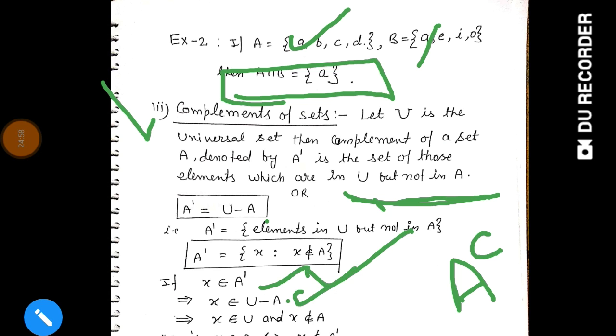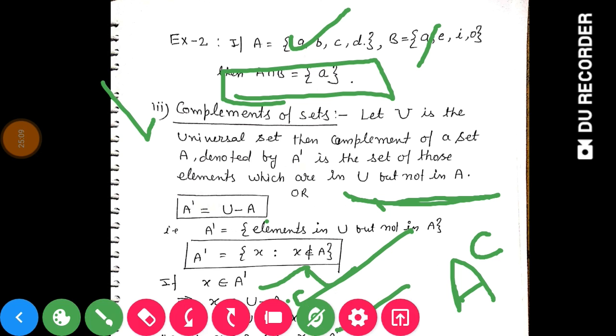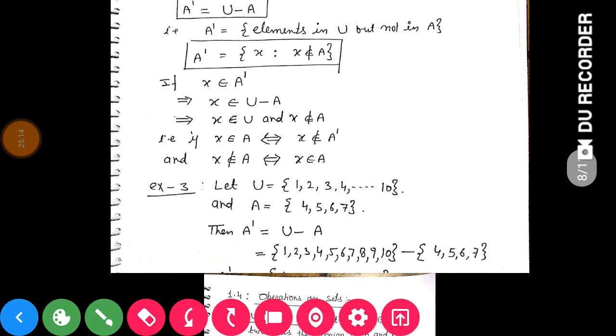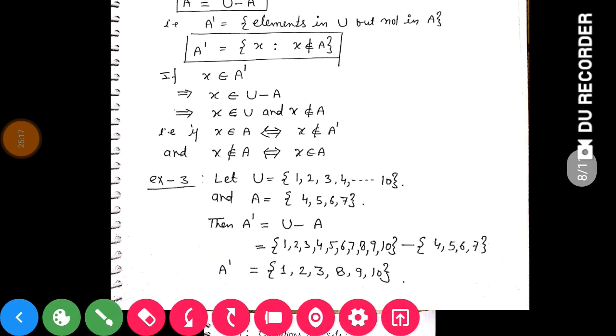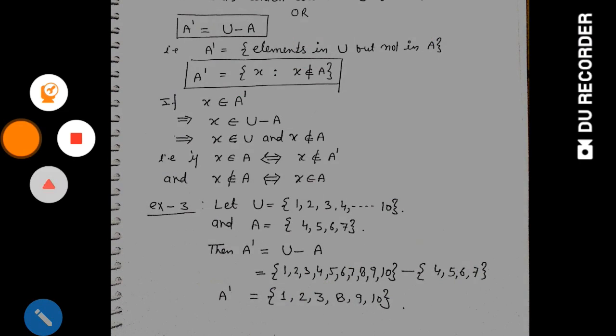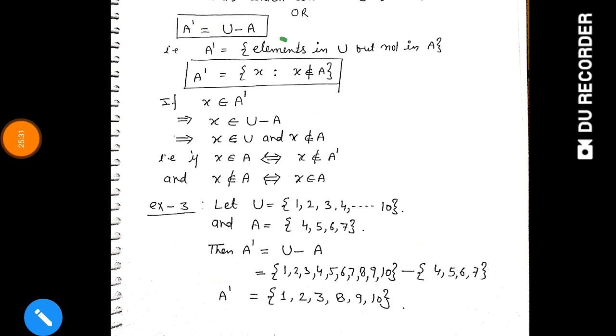And if we say x belongs to U minus A, this implies x belongs to U and x does not belong to A. So this is the complete statement: x belongs to U, x does not belong to A. Let us take an example.